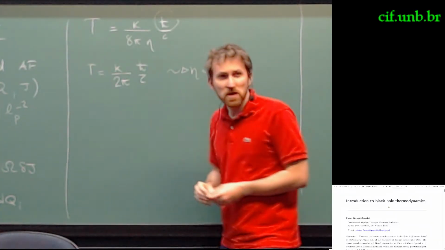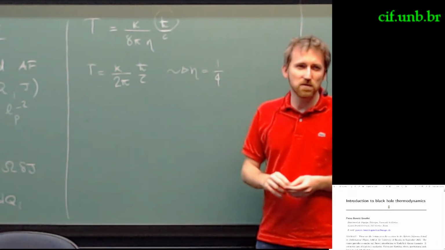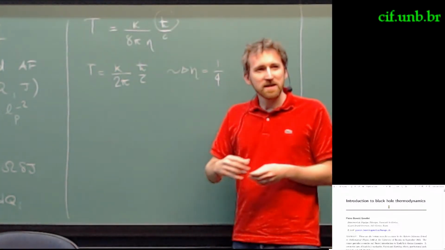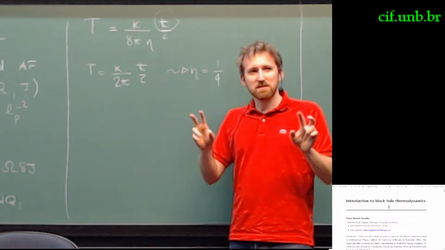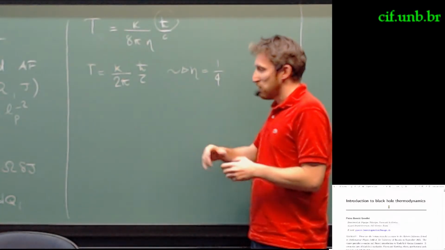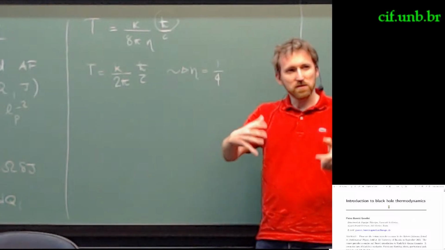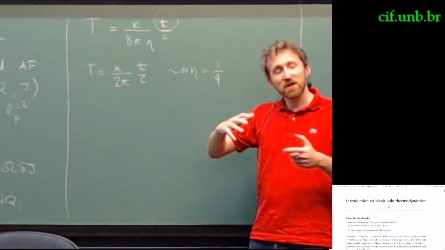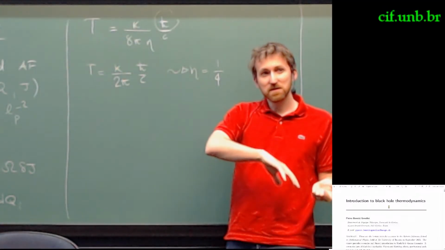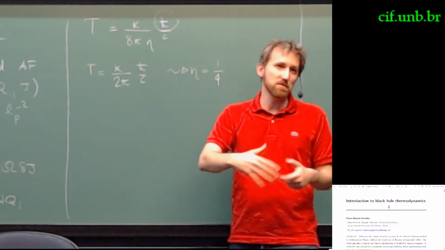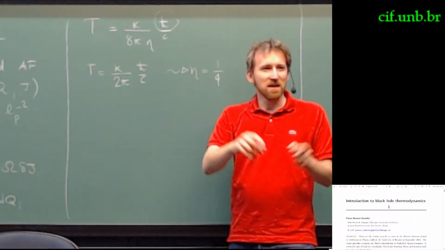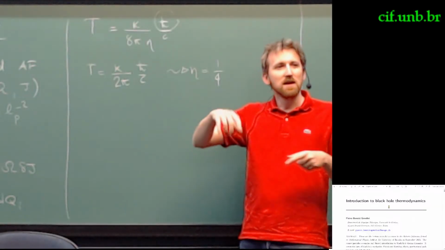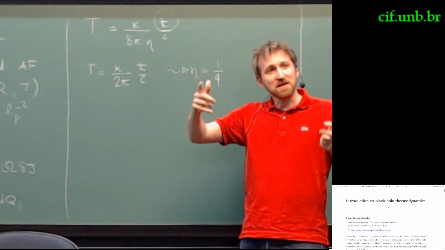So in asymptotically flat space, there are at least two ways of defining the charges associated to a spacetime. One is a Noether theorem type argument. You have a Killing vector, so you have an isometry of your system, and then you can construct a conserved current using this Killing vector. It follows from the fact that the derivative of the Killing vector is antisymmetric, so it's a two-form, and then you can consider star dξ, and that is conserved.